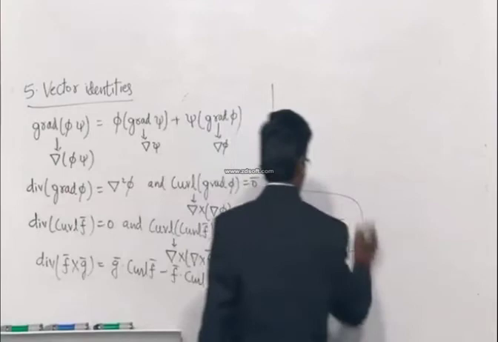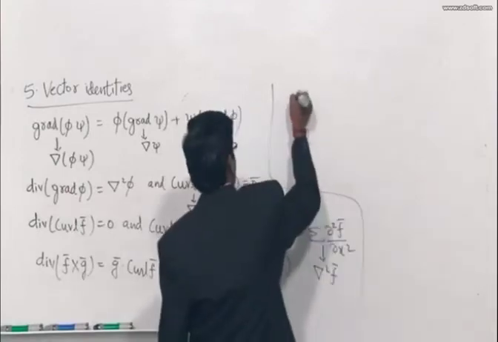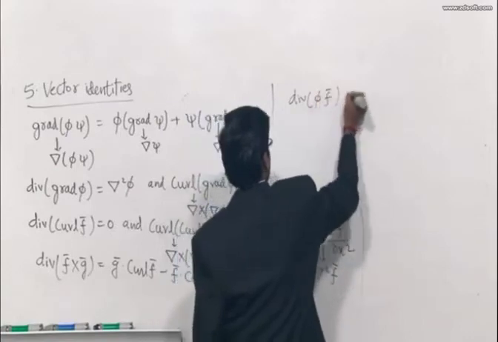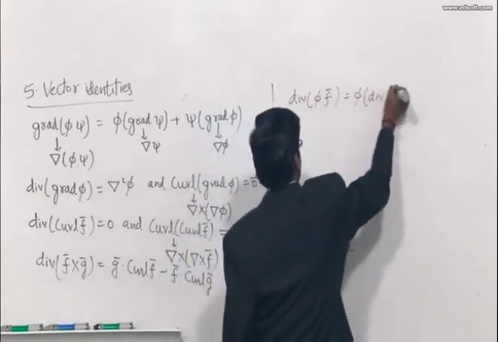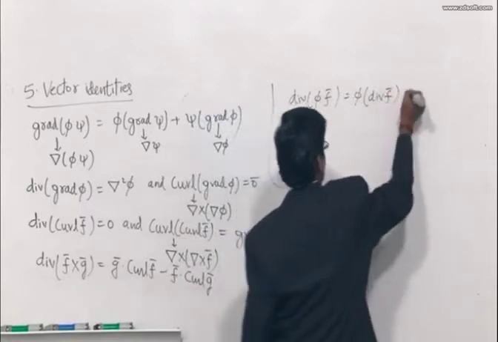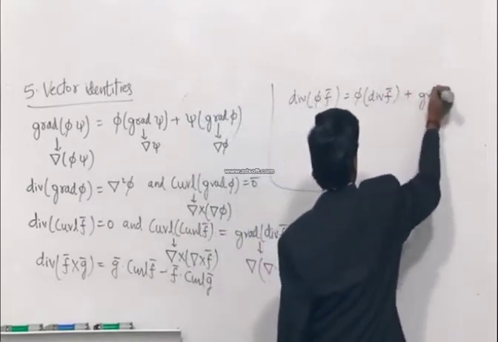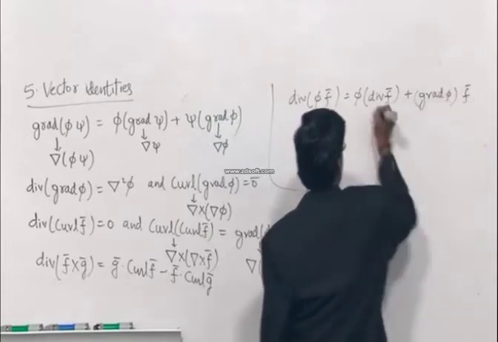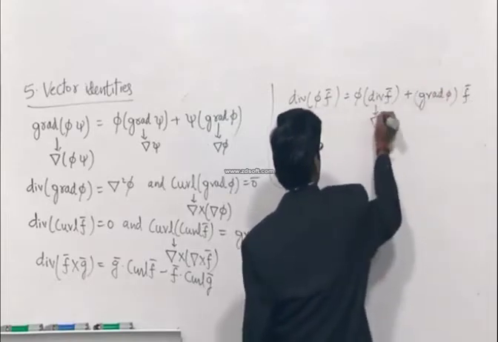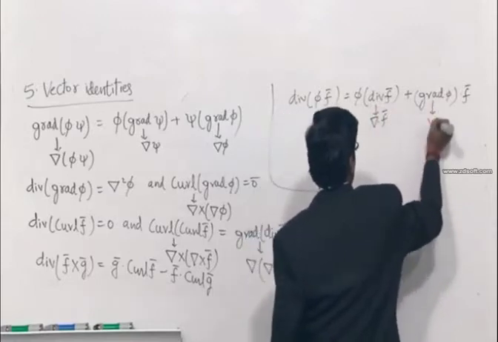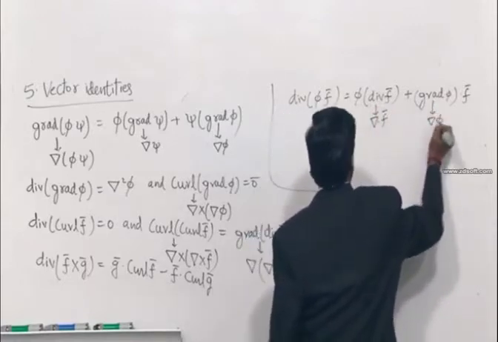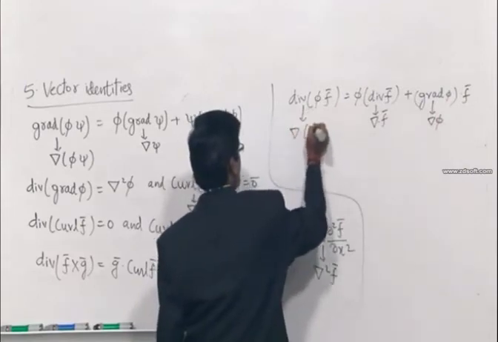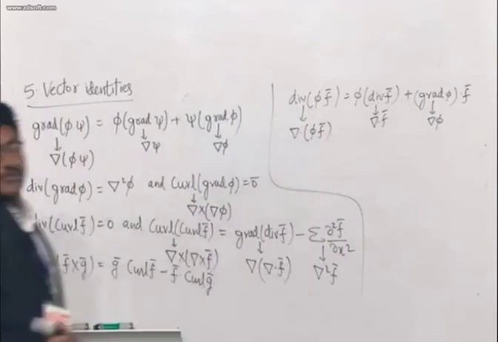The last identity, div phi f bar is equal to phi times div f bar plus grad phi dot f bar. So this is phi into operator form del dot f bar, grad phi is operator form del phi, and this is the LHS asked in the question, find del dot phi f bar, like that.